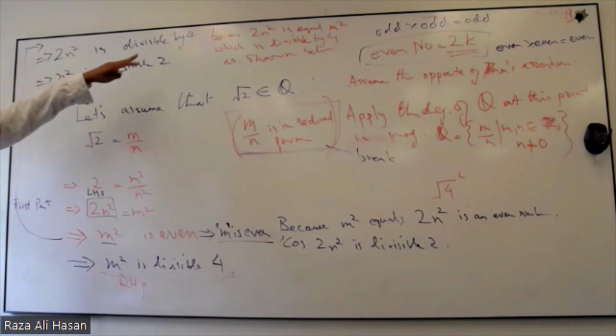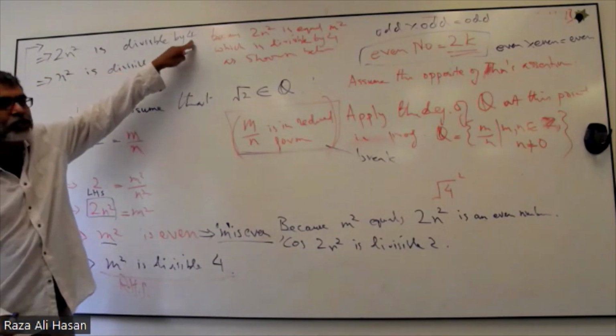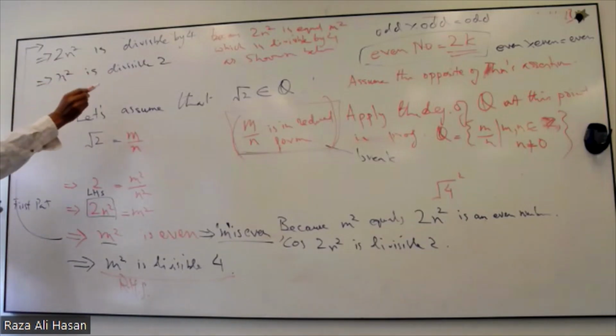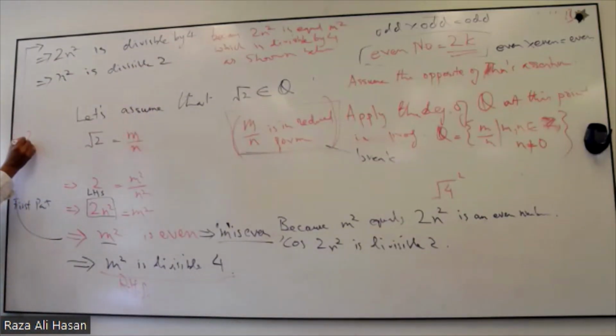So if we take 2, 4 is 2 times 2, it gets rid of this instantly, right? So if we take this number here, 2n squared, and we divide it by 4, and we are saying whatever the result is, there's no remainder. It's a clean division, it is divisible.